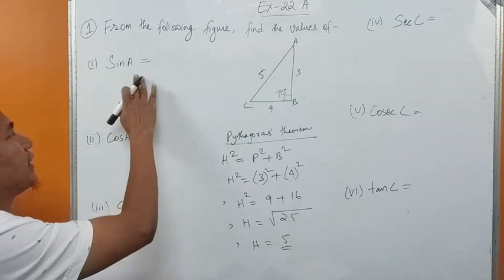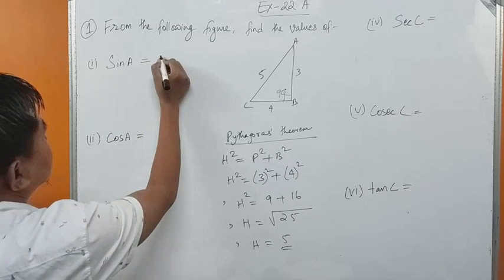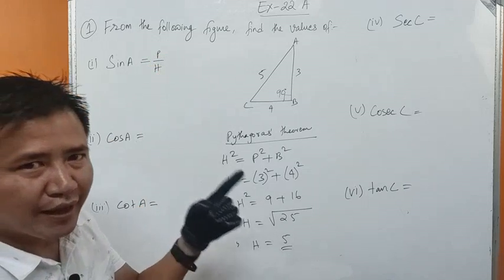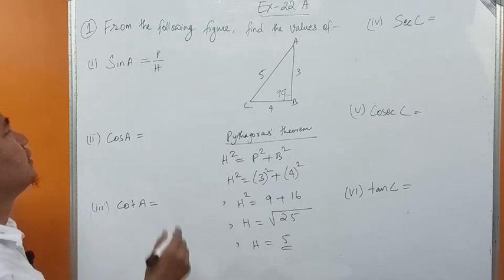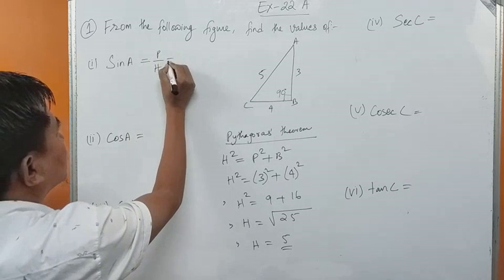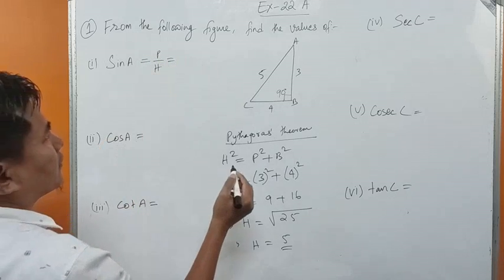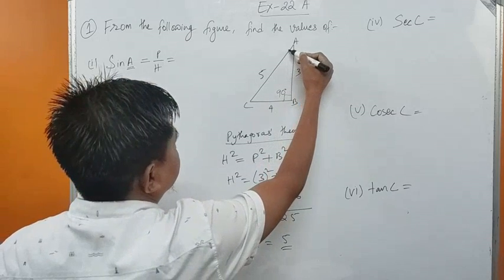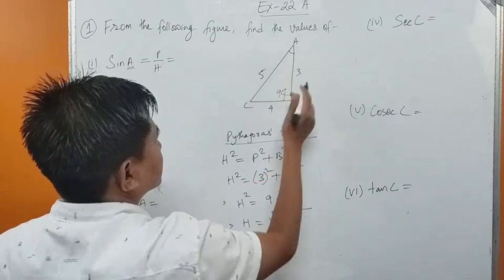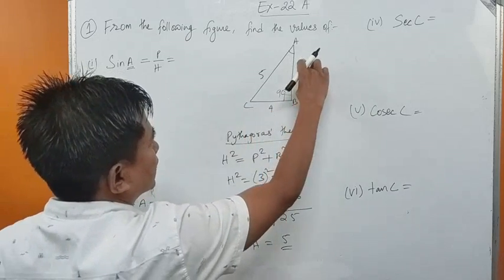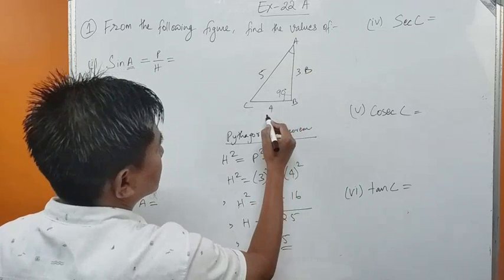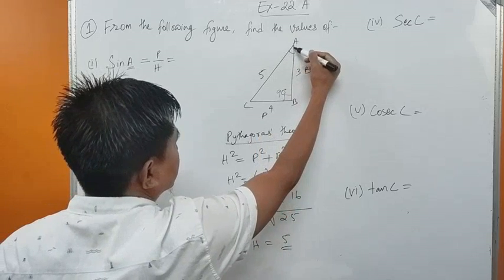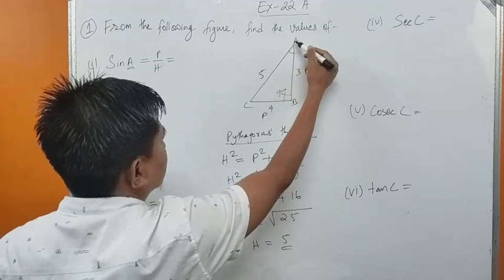So what is the value of sin A? Sin theta means perpendicular upon hypotenuse. When we talk about angle A, this side becomes base and this side becomes perpendicular, because the side containing this angle becomes base and hypotenuse is always the longest side.